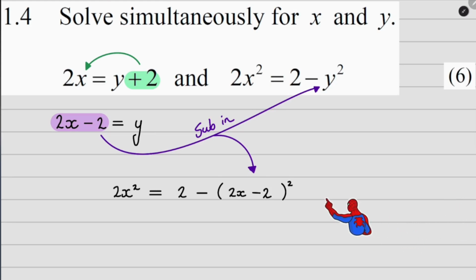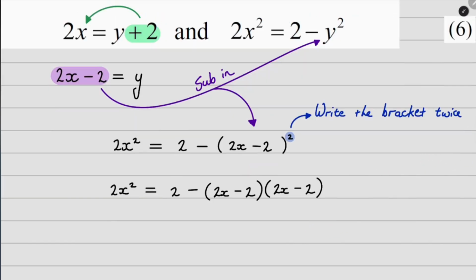Okay, now don't fall in the trap. This square is giving you instructions to write the bracket twice. Okay, after we write the bracket twice, we are going to FOIL the brackets. And after we FOIL, we must still keep it in a bracket because of this minus over here. So let's go ahead and FOIL quickly. Okay, so when we FOIL, we multiply the first 2 terms. 2x times 2x gives me 4x squared.